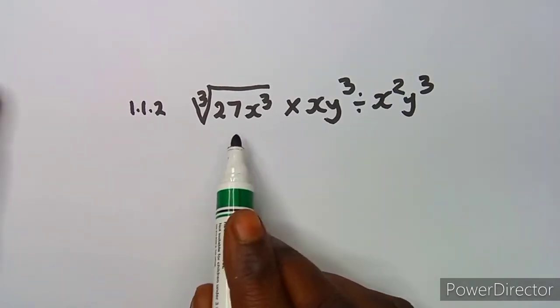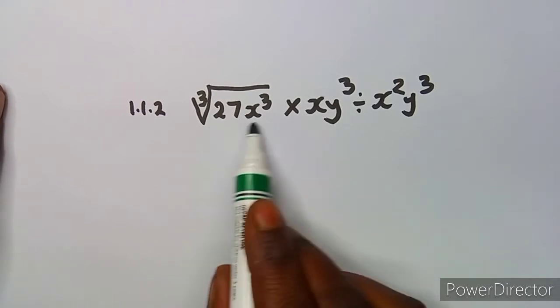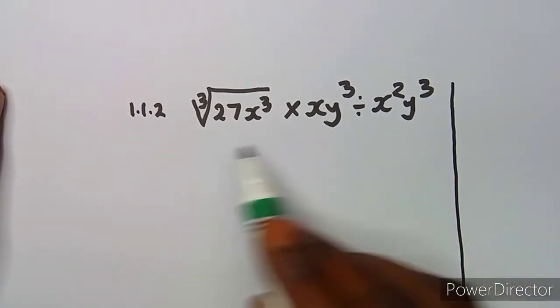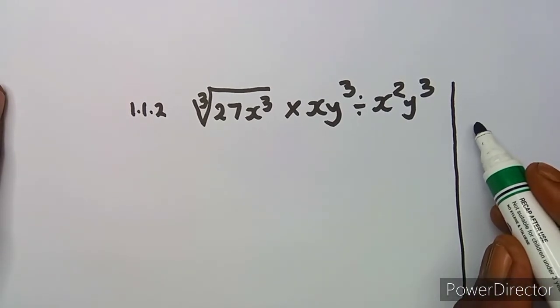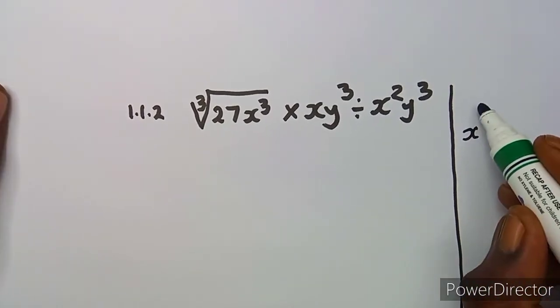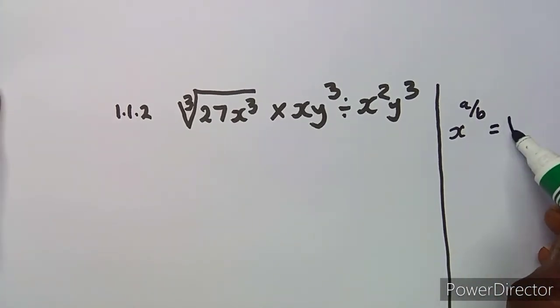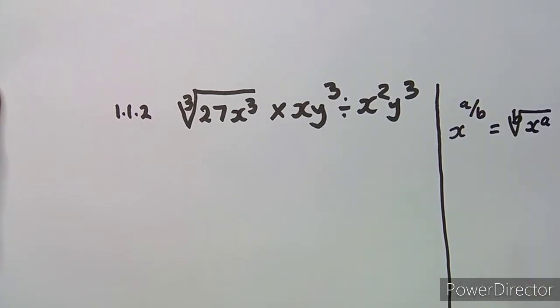So we are going to have, in this case, guys, which law are we going to apply? Take note, guys, from your laws of exponents that when you are given x to the exponent of a over b like this, it is going to give you the b-th root of x to the exponent of a.